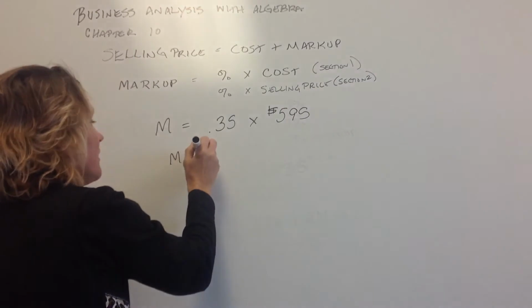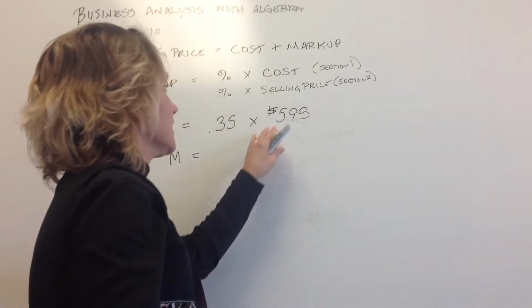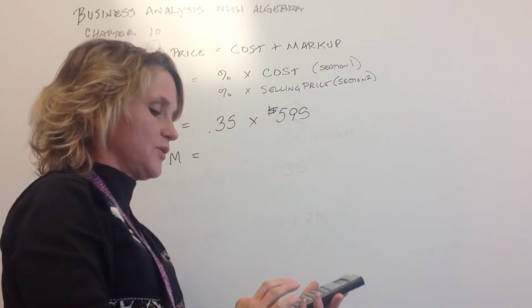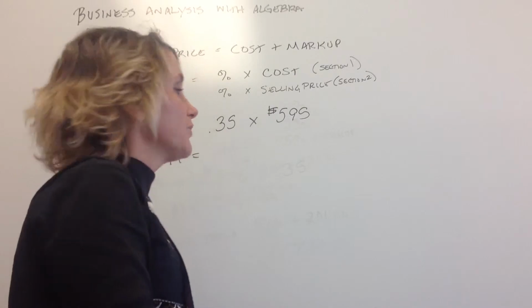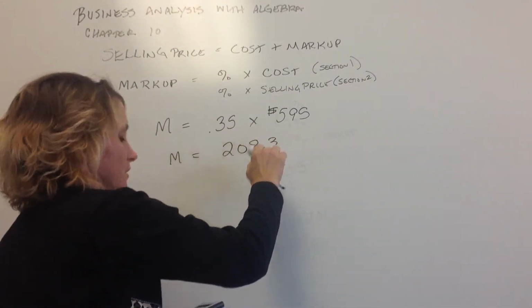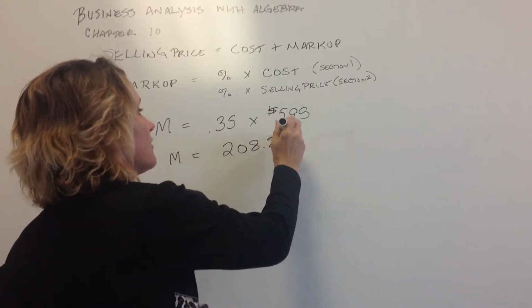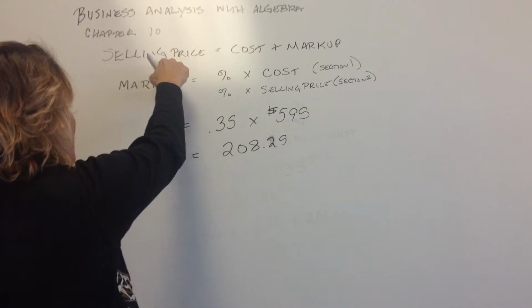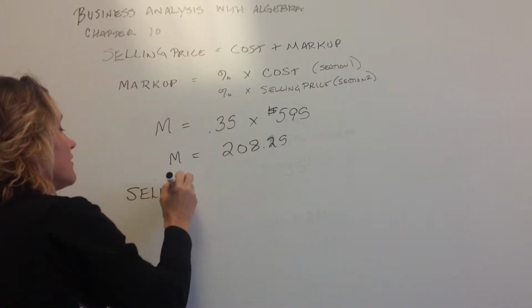So again, we do the same thing we did, but now the markup is just expressed differently. It's expressed as a percentage of our selling price. But the computation is still the same. It's just what do you multiply it by? So our markup is $208.25.